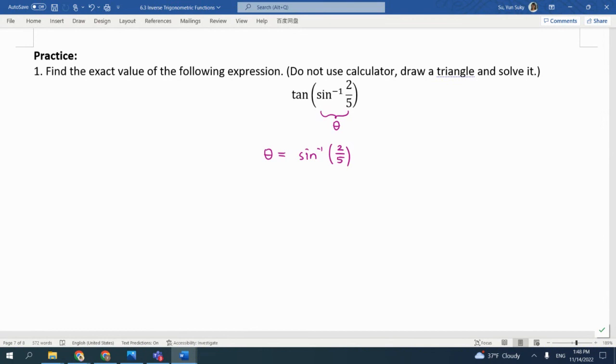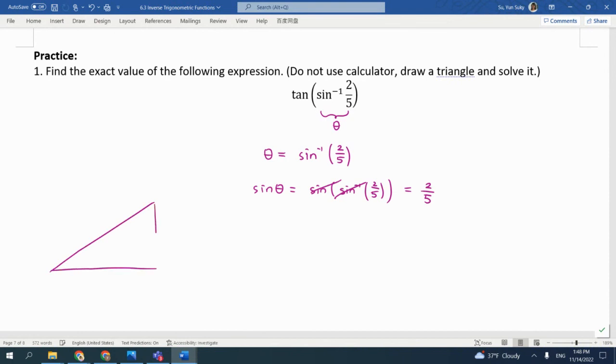Well, to get rid of the arcsine, you apply sine on both sides. Since sine and arcsine are inverse functions, they cancel. You get sine theta is 2/5.